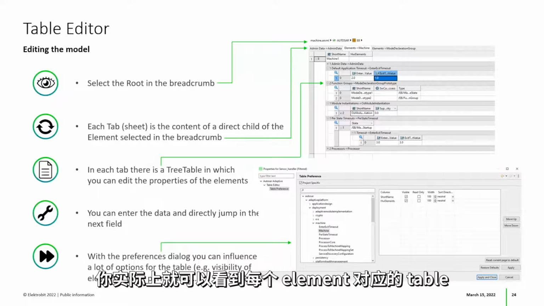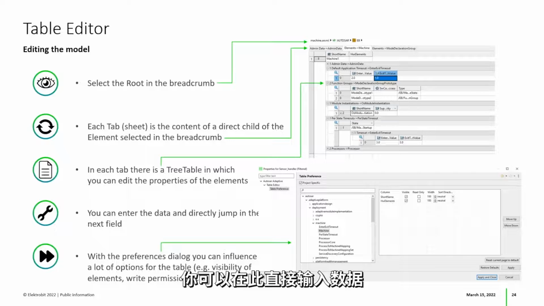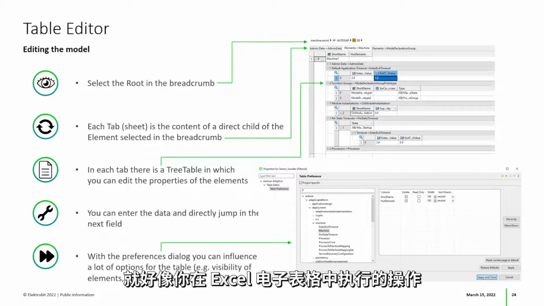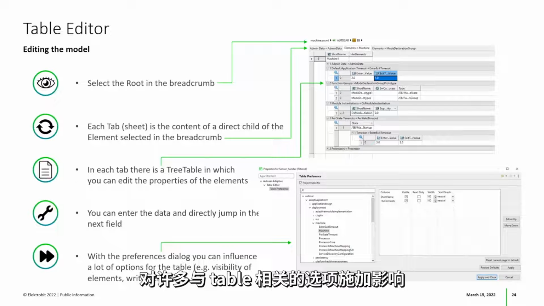So for each element, basically, you see a table and not only the line with the short name that was there. You can directly enter the data here and jump into the next field, like you would do in an Excel spreadsheet, for example. And with the preferences dialog, you can then influence a lot of options how the table should look like.